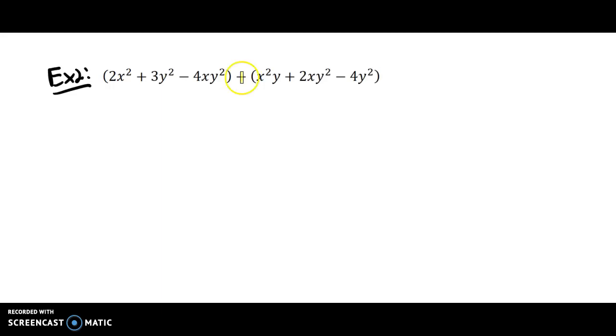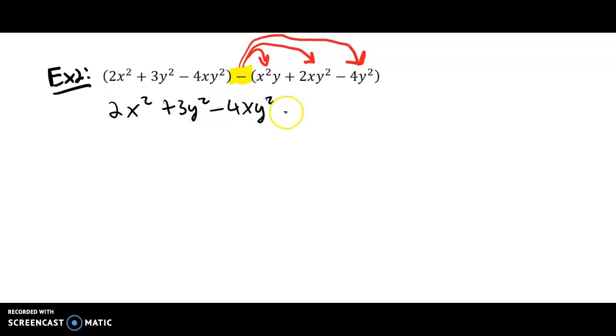So first thing I notice is this negative. This negative sign is going to distribute to each term like it's being multiplied by negative 1. So first, I'm just going to rewrite it with a distributed negative. Nothing changed in the first terms.